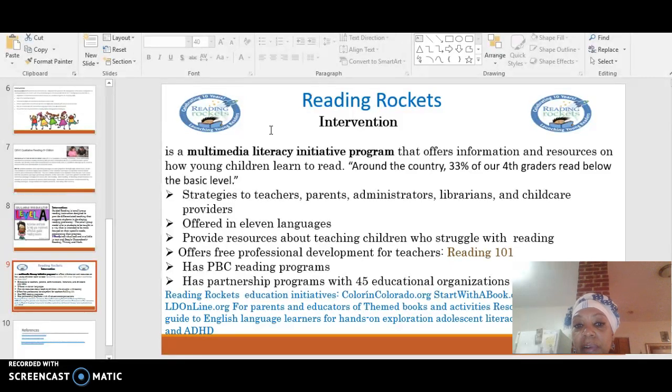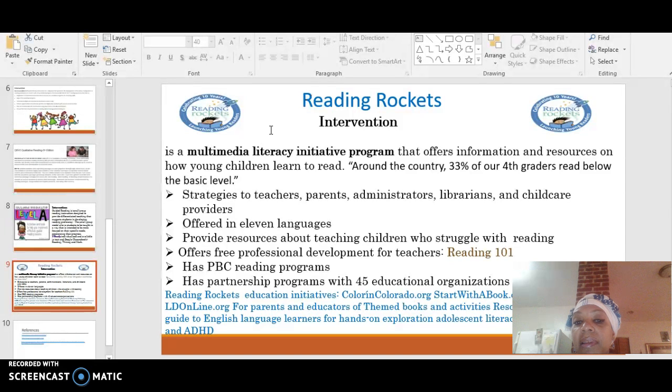They have strategies for teachers, parents, administrators, librarians, all stakeholders. And it's offered in 11 different languages, which is awesome, because I don't know of that many reading intervention programs that are offered in other languages.